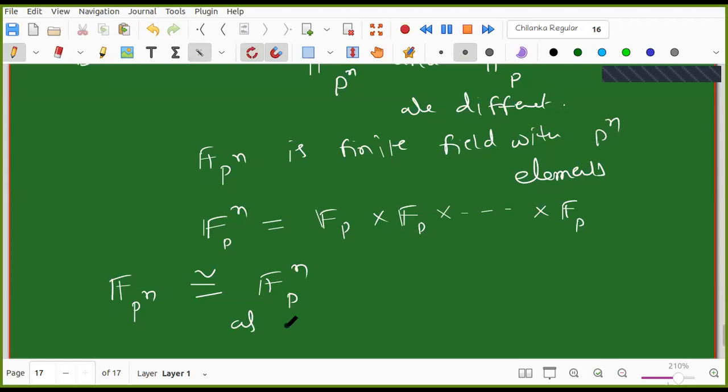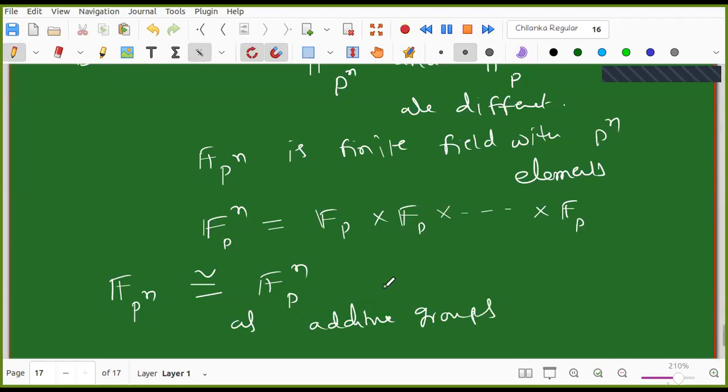They are isomorphic as additive groups. Can you tell me they are isomorphic in another way also? One more approach. As F_p vector spaces, yes, as well as additive groups.